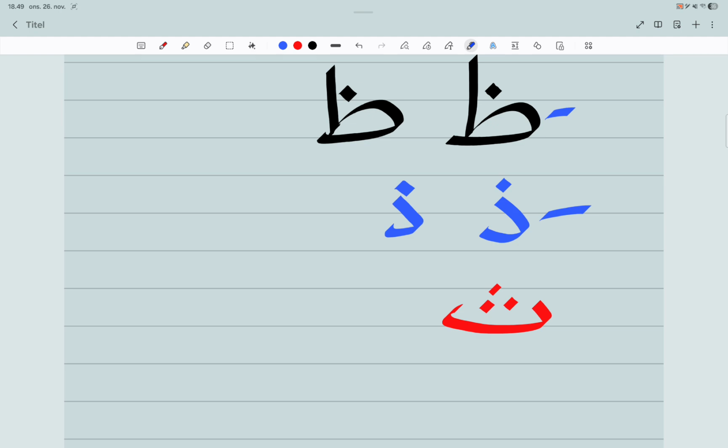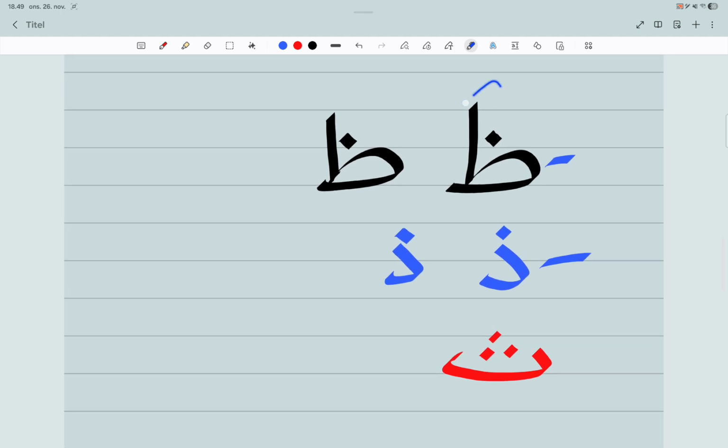You will feel a vibration. And when you say ظا, you will feel an even bigger vibration. How do you make this vibration? That's by placing as much of your tongue as you can in between your teeth. Not in front only, but also on the sides a bit if you can. And you will say like this, ظا.